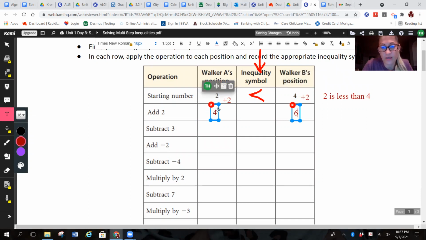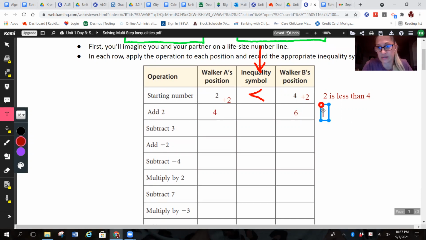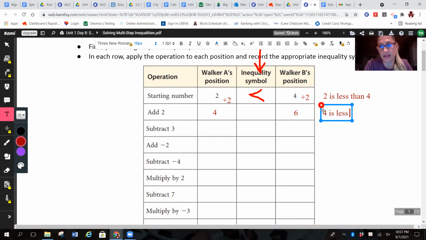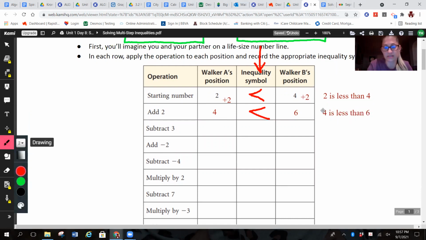Okay, so we're going to read, 4 is, again, less than 6. So we can keep our less than sign.